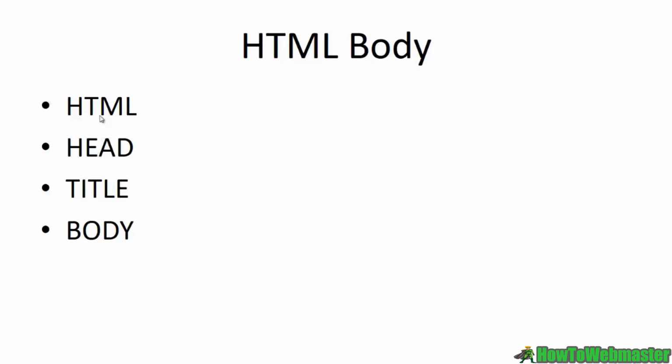So this is kind of saying, okay, this is an HTML page, and then the next thing you'll see is the head. If you think about a human body, you have the head, and right below that you could have a name tag, like the title. And then right below that you can have a body. And then of course you have your feet and everything like that. So that's probably the easiest way to think about it.